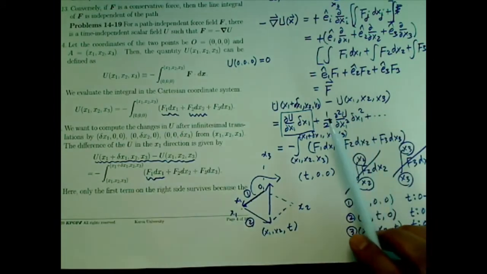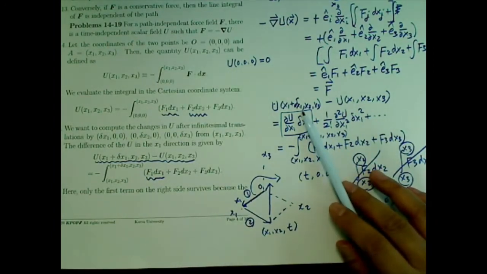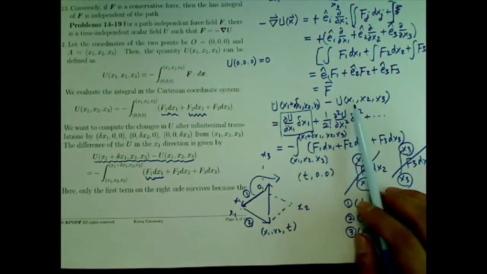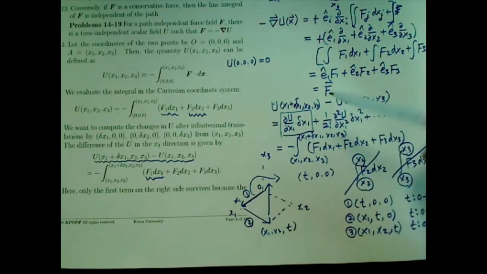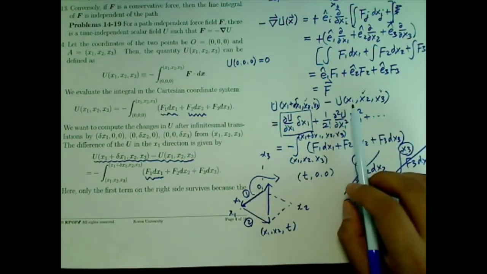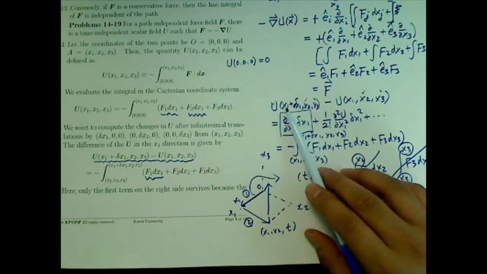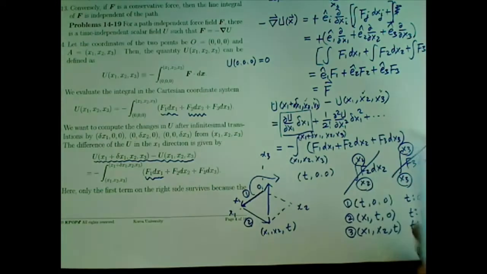Let's consider the change in the potential energy along the path, where x2 and x3 are fixed, and we just shift the x1 component by delta x1.